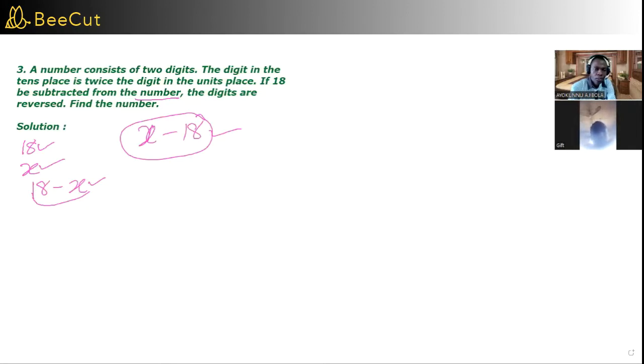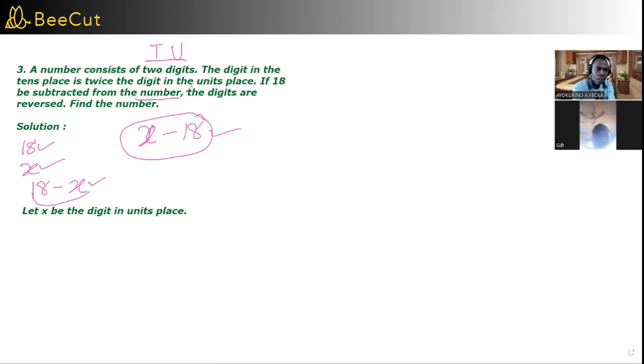So you can say, let the number in the digit place be X. You know the meaning of digit: your tens and your units. A two-digit number simply means you have the number in the tens and the number in the units.